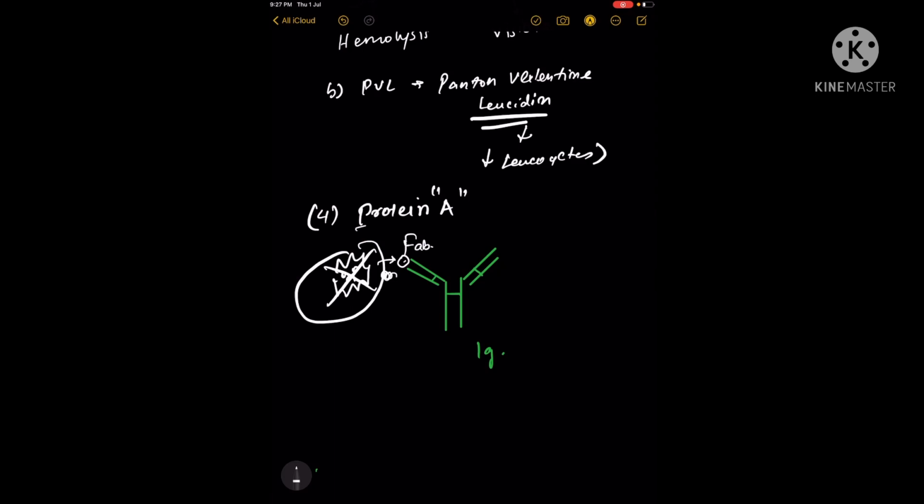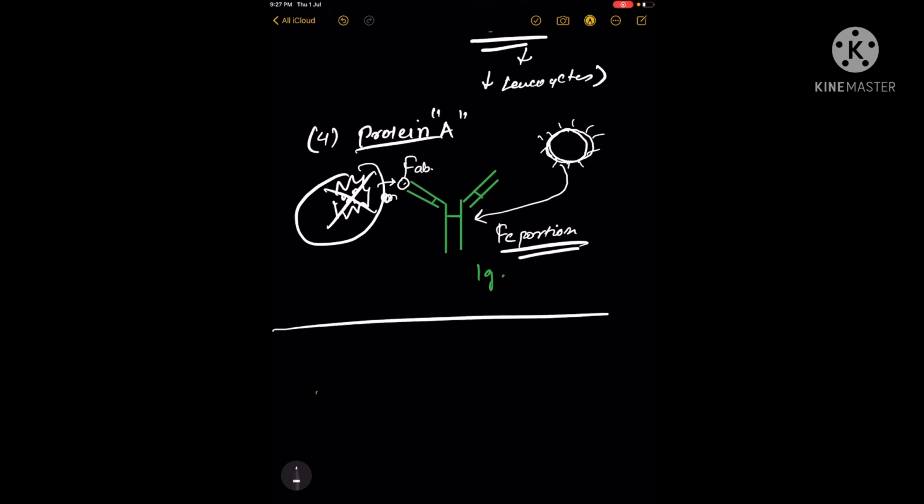But protein A in Staphylococcus aureus helps the bacteria bind in this region, the Fc portion. So the bacteria survives. So protein A facilitates the Staphylococcus bacteria to bind at the Fc portion, thus helping it escape the antibodies.